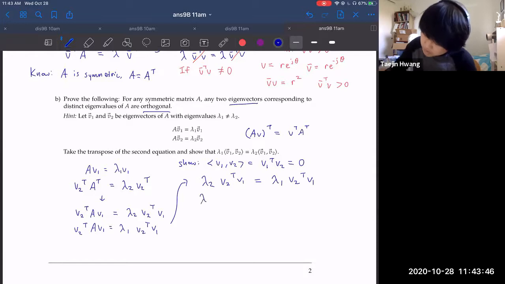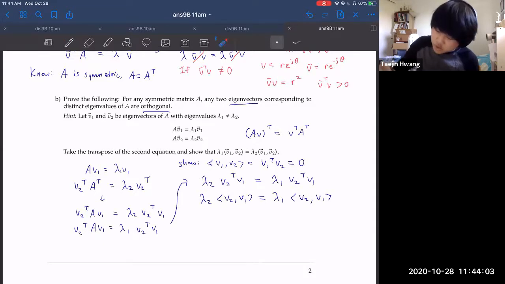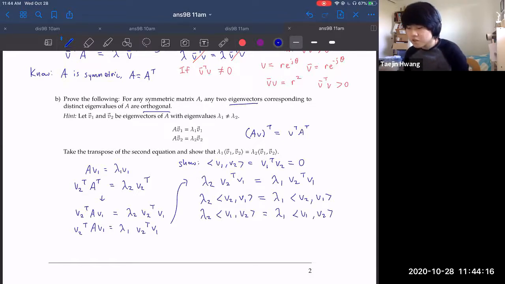And by definition, V2 transpose V1 is just the inner product of V2 with V1. And we know that these inner products are always symmetric, meaning the inner product of V2 and V1 is just the inner product of V1 and V2. And we're basically there.